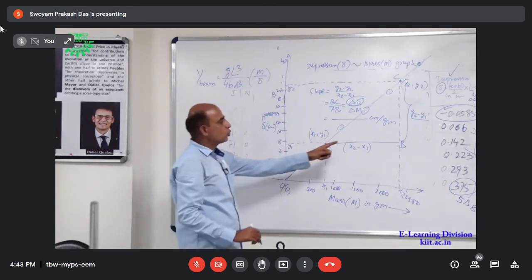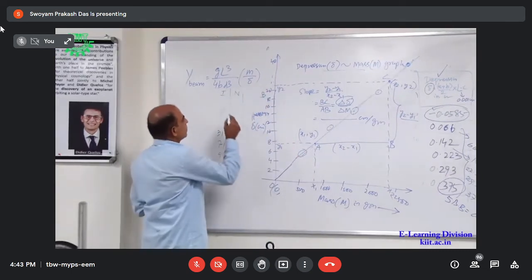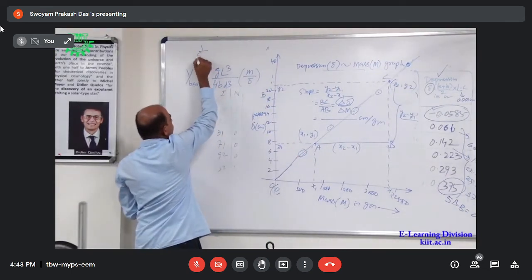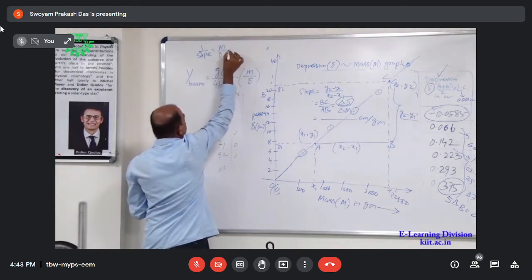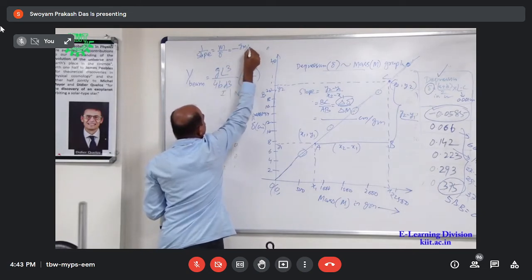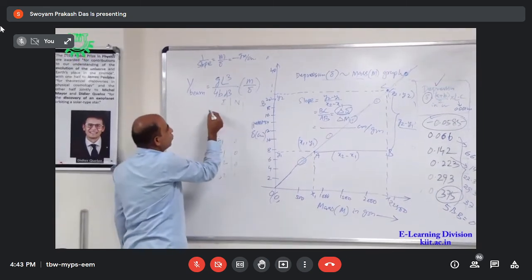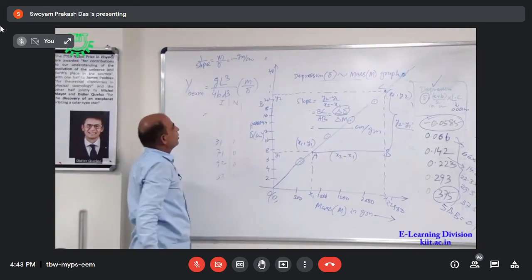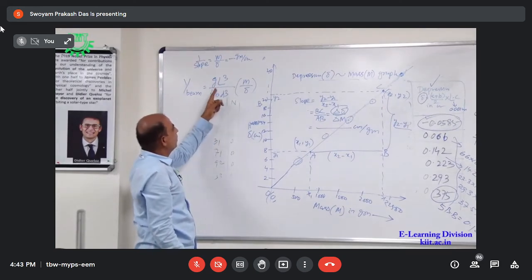So we have got the slope, that is delta by m. Take its reciprocal, that is 1 by slope we will find, which is m by delta, that is gram per cm we will find, and we will put it here. Then after we will find the value of Y, that is the Young's modulus of the material of the beam.